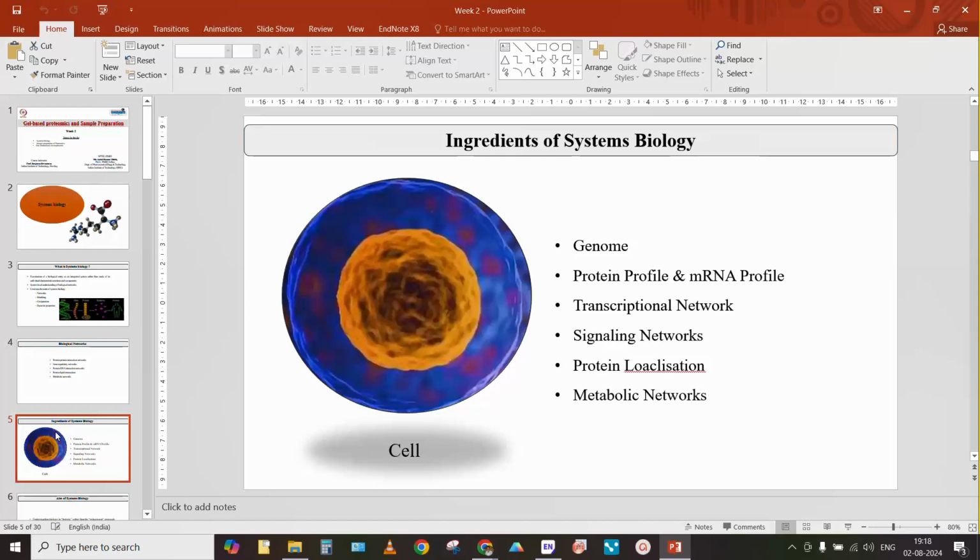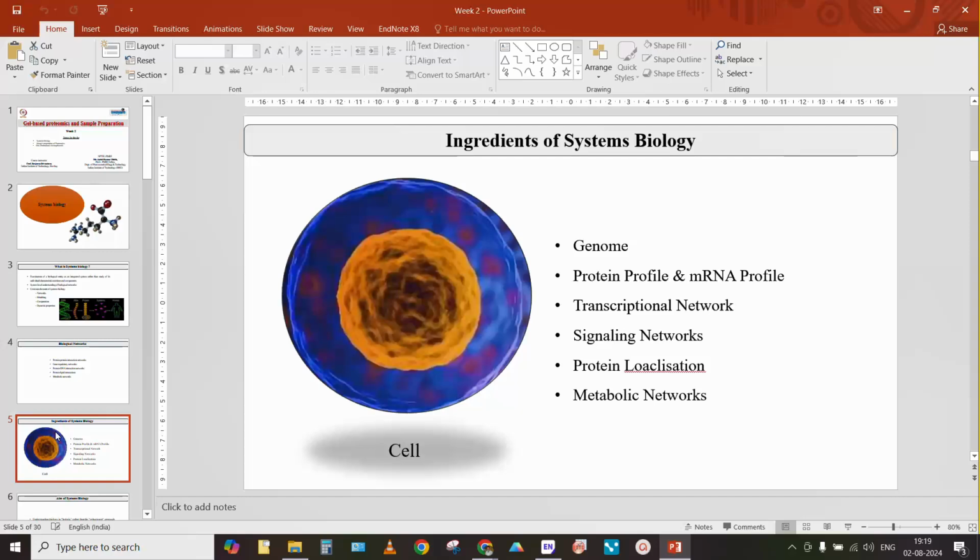For example, if you are studying a cell and the system's behavior, one needs to look at the genome, its transcriptome profile, the proteome profile, how protein-DNA and different types of transcriptional networks are altered, protein signaling networks, multi-protein complexes, how they are formed, how proteins are localized, the intracellular dynamics, and metabolic networks. So all of these are ingredients of a study about a system.